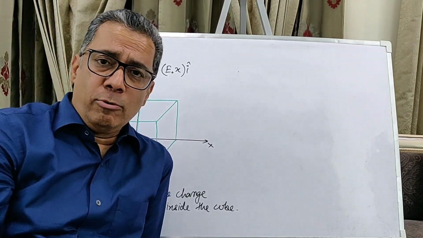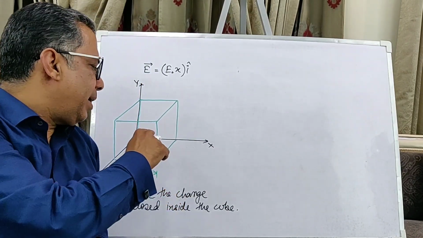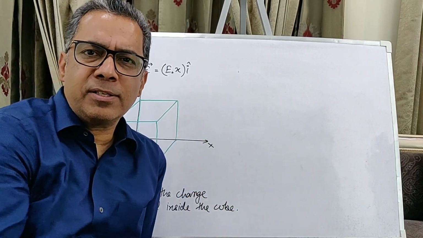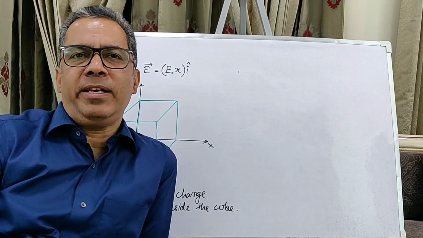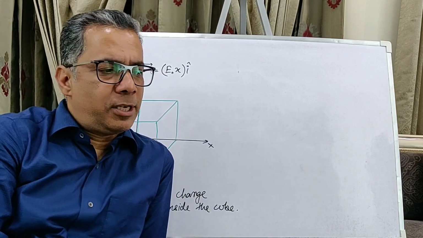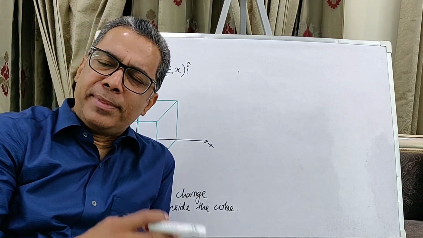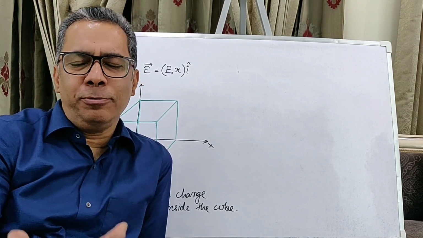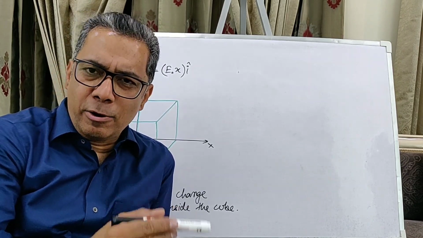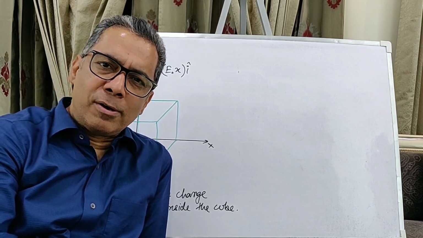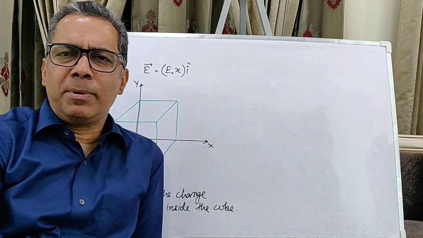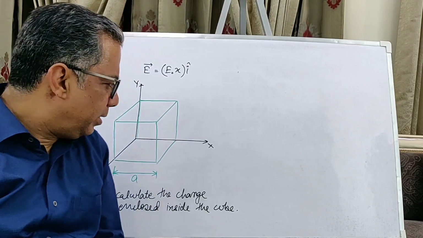The solution looks kind of obvious: let's calculate the total flux through the cube. We already know the expression for the electric field, so we'll calculate the flux through the cube, and that total flux will be equal to obviously the enclosed charge inside the cube divided by epsilon naught. So it looks like a simple process, and it should be simple.